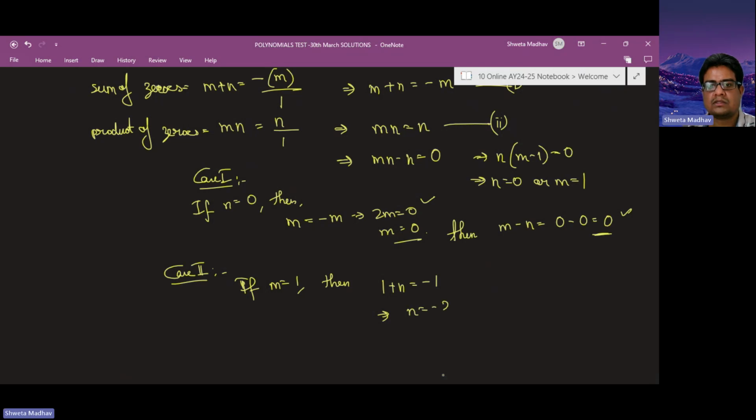So n will be equal to minus 2 in that case. So then in that case, m minus n value will be equal to 1 minus of minus 2, which is equal to 1 plus 2, which is equal to 3. So 3 is also one of the answers.